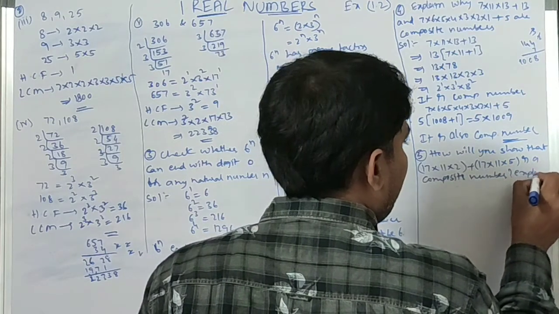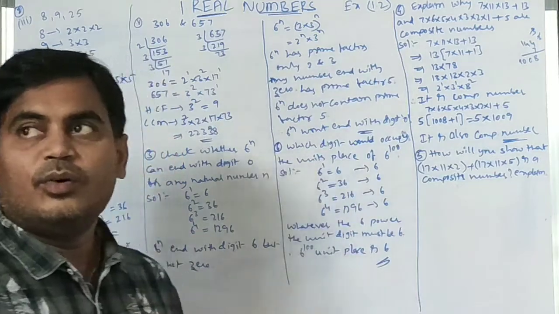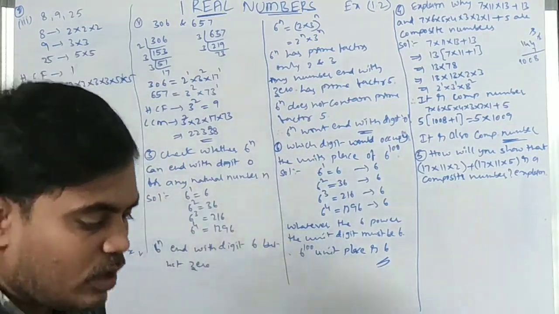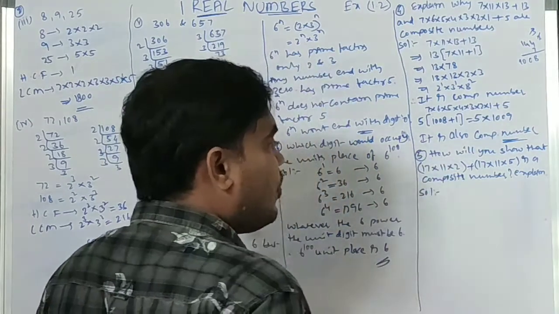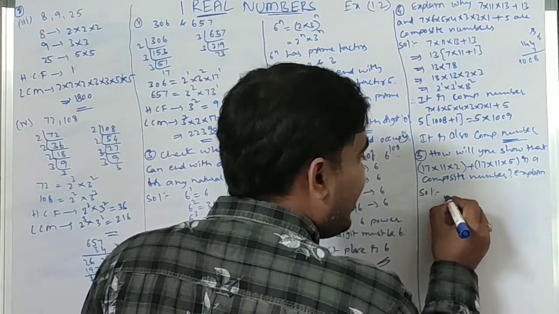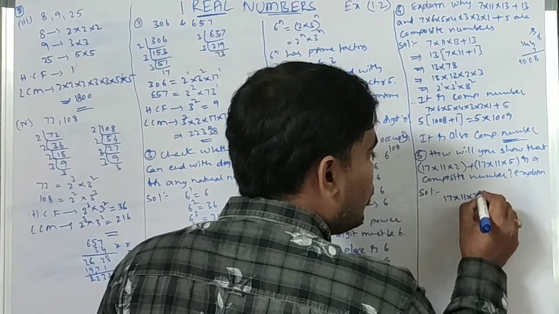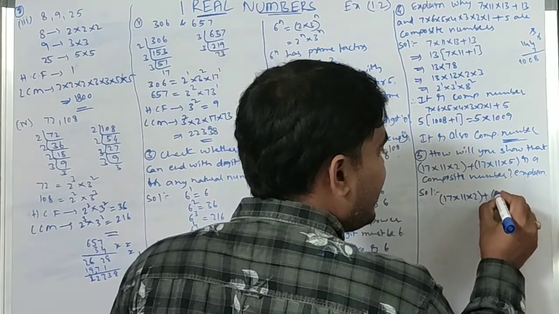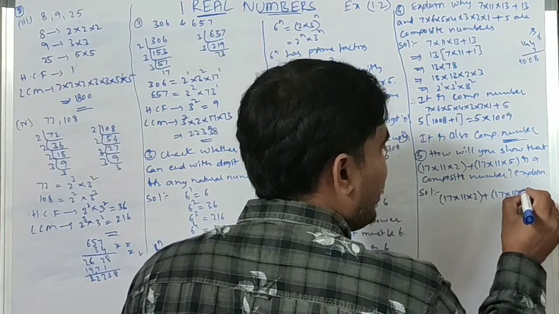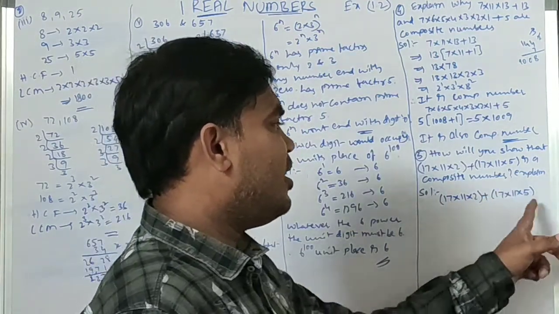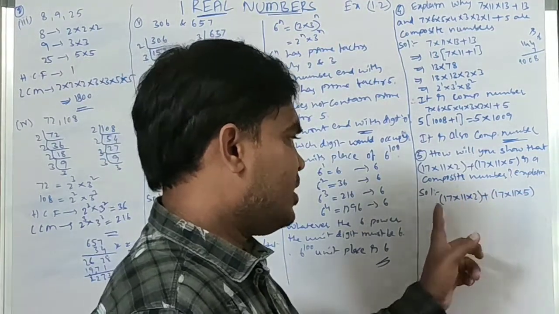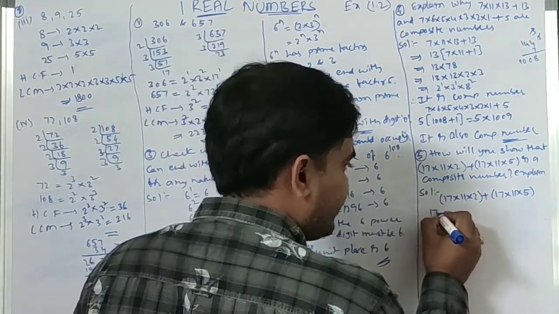Explain. So we need to prove it is a composite number. So how will we prove? Solution. First, 17 into 11 into 2 is one term, plus 17 into 11 into 5 is another term. In these two terms, 17 into 11 is common.